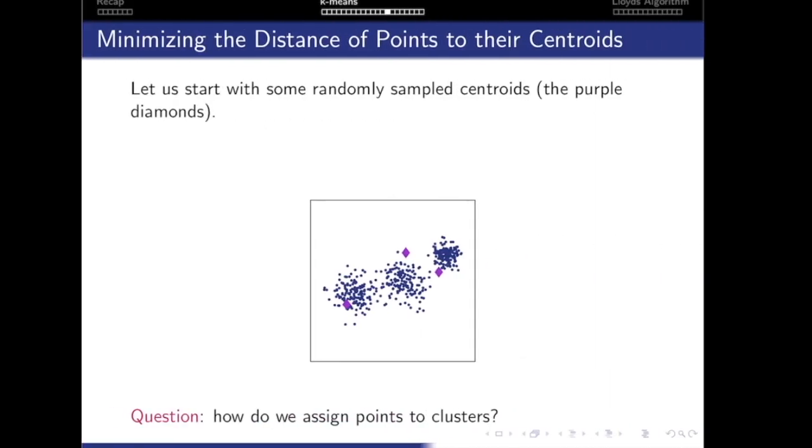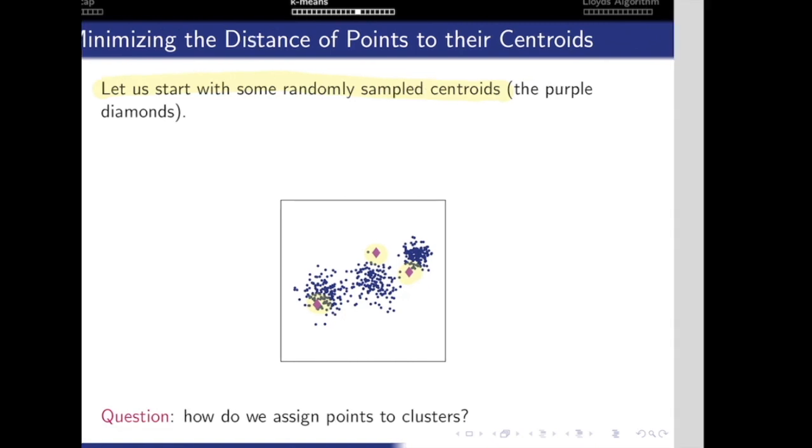Okay, so let's go through an example. The objective here is to minimize the distance of points to their centroids. And now let's just assume that we have some randomly sampled centroids. These are here the purple diamonds. And the question is now, how do we assign points to clusters? If we want to minimize the distance of points to their centroids, how would we assign points to clusters?